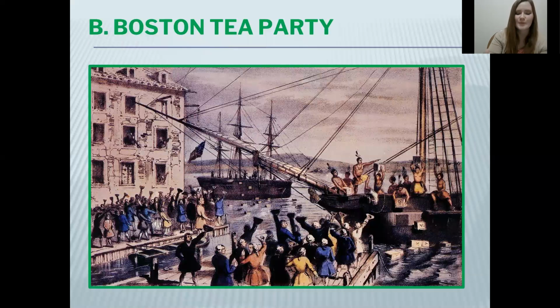Now let's take a look at the Boston Tea Party. First, this is a really famous, infamous picture. When you look at this picture, a couple things stick out to me. First of all, this picture is propaganda. It was made after the fact to shape how the British and the colonists viewed this whole situation.